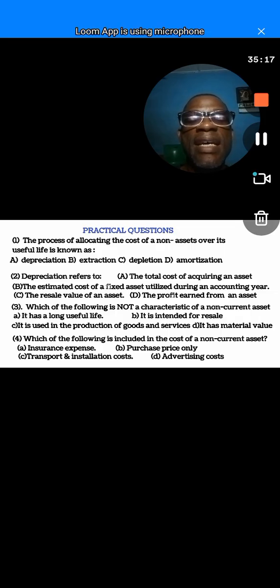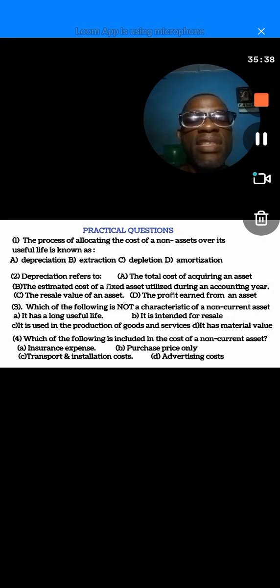C, the resale value of an asset. D, the profit earned from an asset. And you know the answer to that one is B, the estimated cost of a fixed asset utilized during an accounting year.